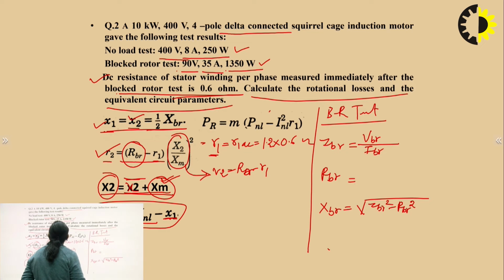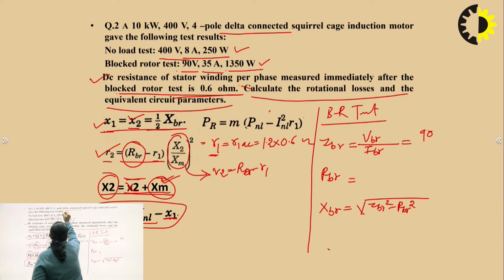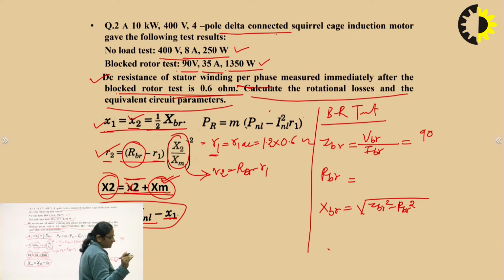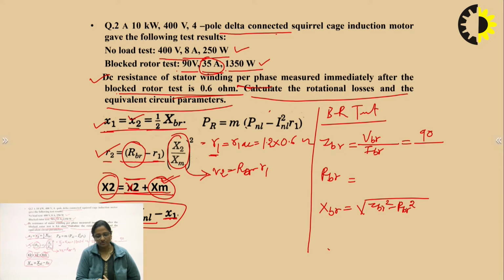Now, from the given test data, the voltage VBR is 90 and the machine is delta connected. So, 90 is the line voltage, and the line voltage and phase voltage are the same for the delta connected stator winding. So 90 itself divided by IBR. The current during blocked rotor condition is given as 35 ampere and it is actually the line current. So for calculation of ZBR, I have to first convert this line current to the phase value of current.